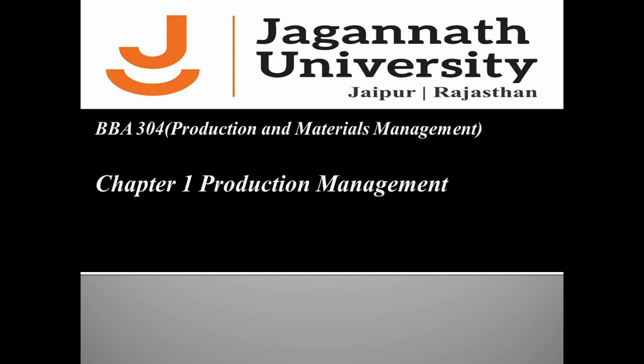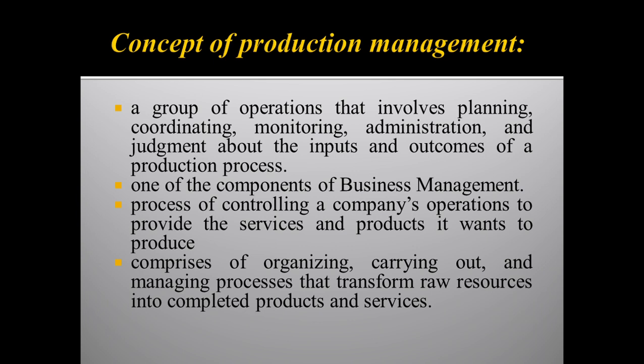So how are you going to define production management? It is a group of operations that involves planning, coordinating, monitoring, administration and judgment about the inputs and outcomes of a production process. It is also a component of managing a business.